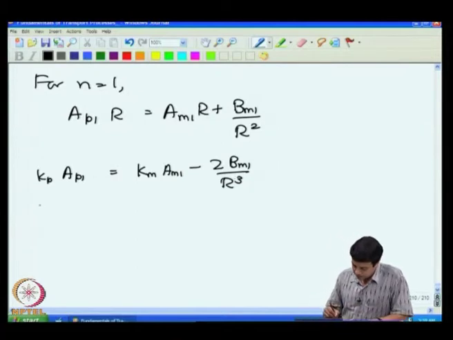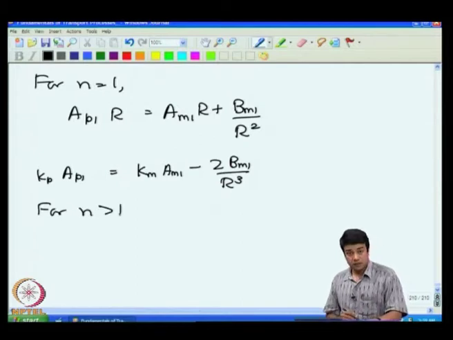For all other values of n, A_mn is equal to 0.